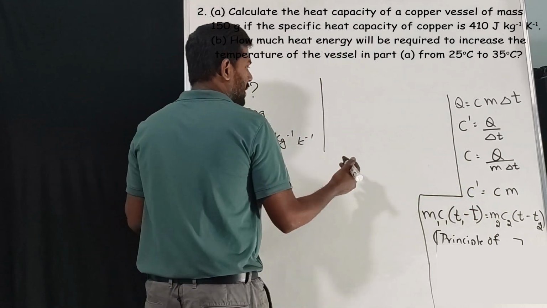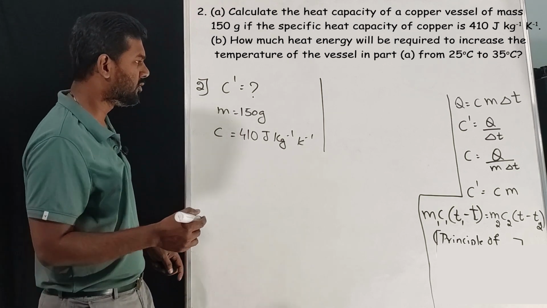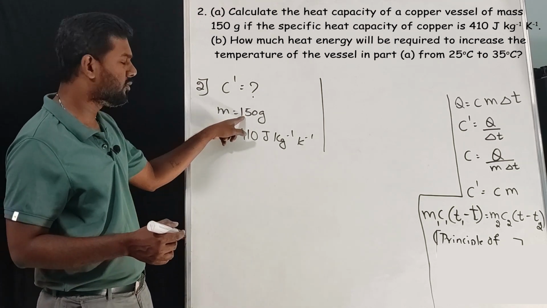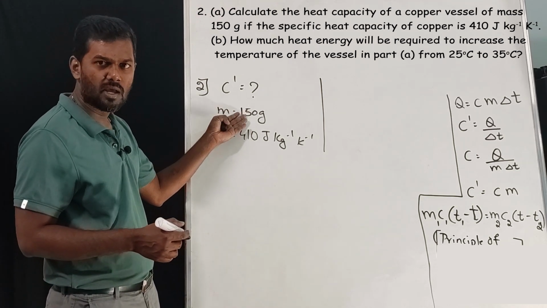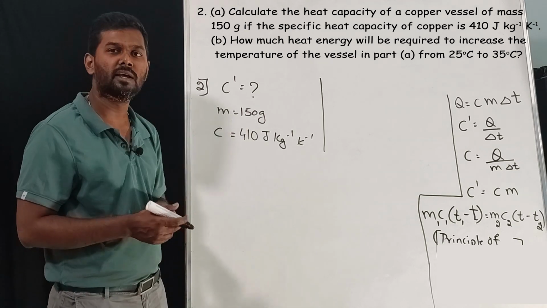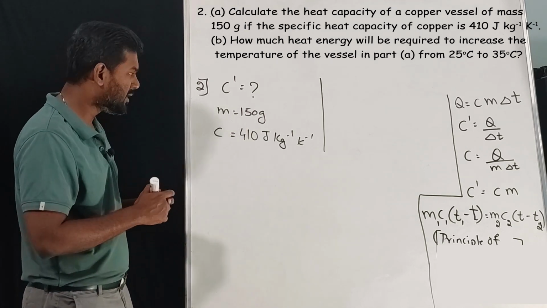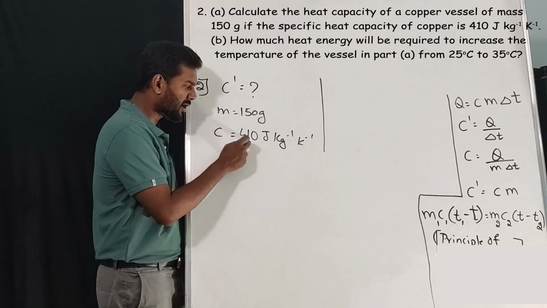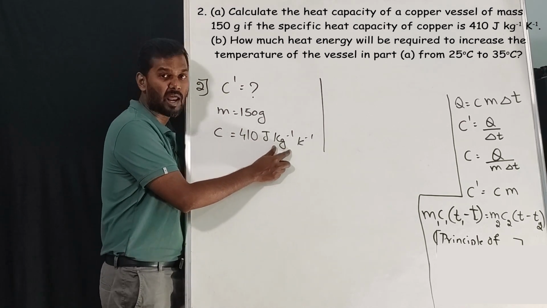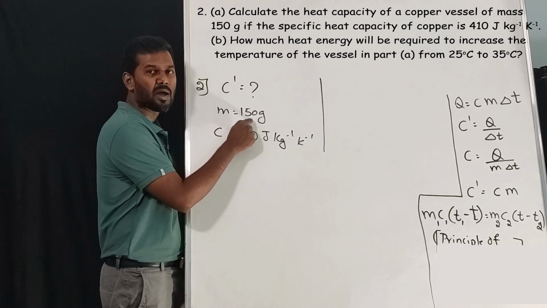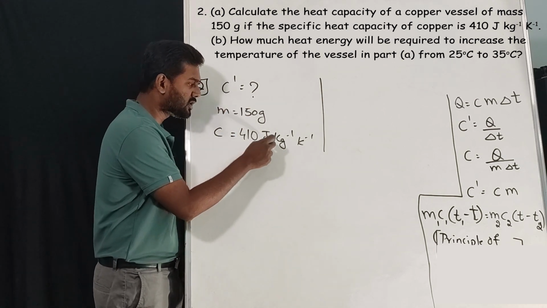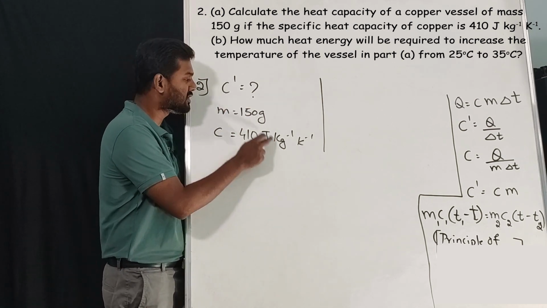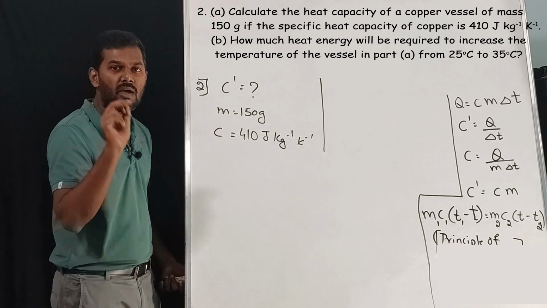But here, before substituting, do you want to convert the mass into kg or keep it in gram only? See, that depends upon the specific heat capacity unit. If the specific heat capacity unit is in terms of grams, you don't have to convert this gram into kg. Now in this question, it is given in terms of kg, so mass should be converted in terms of kg.